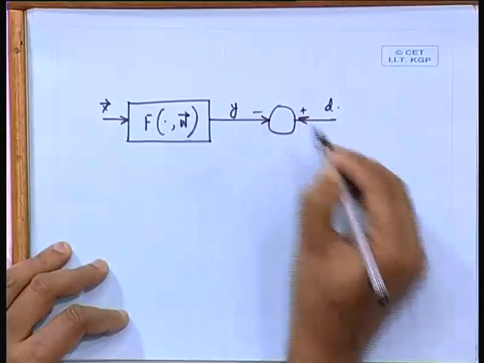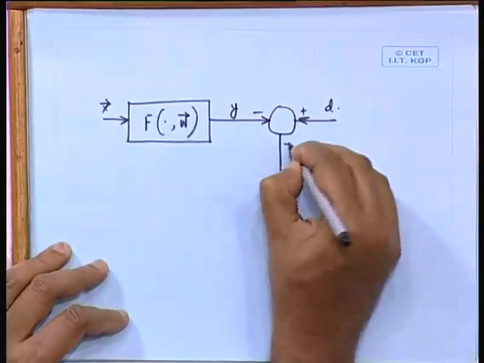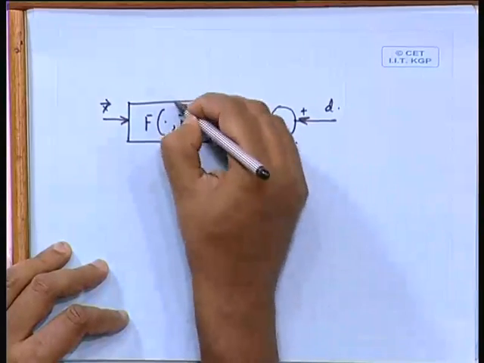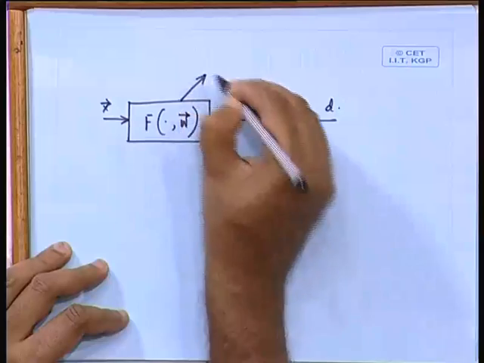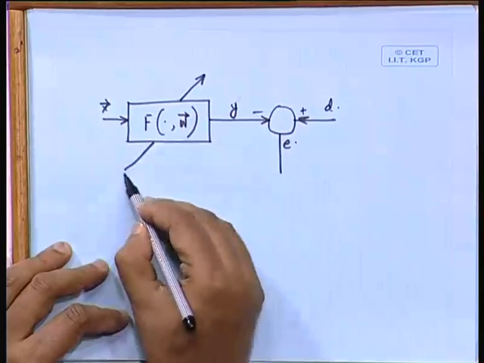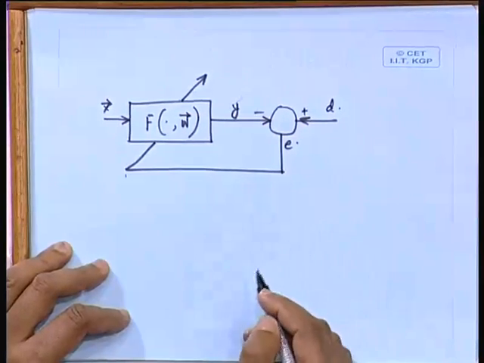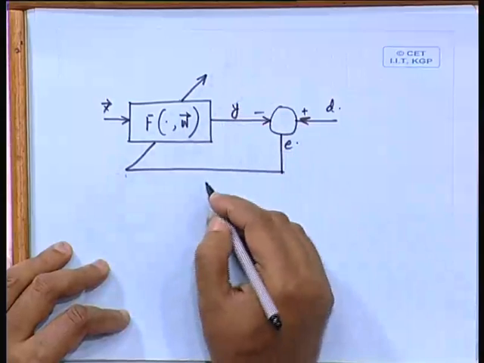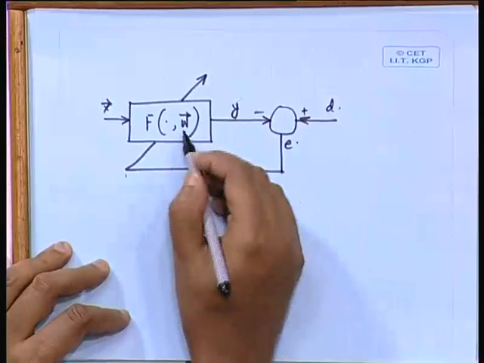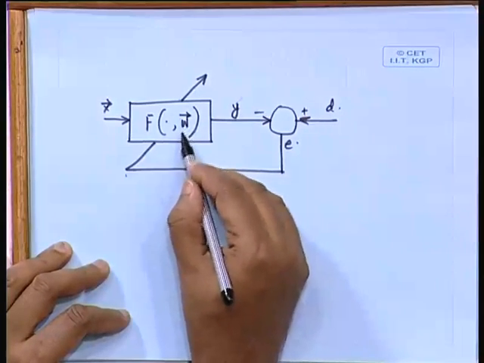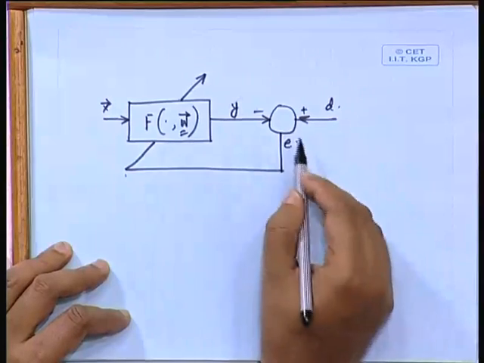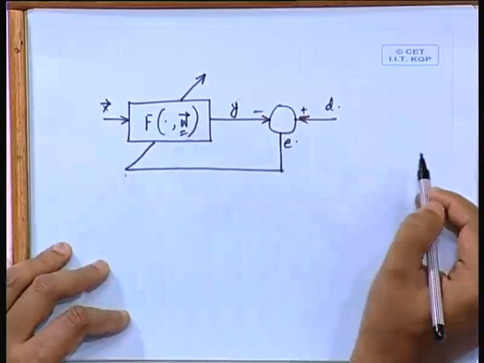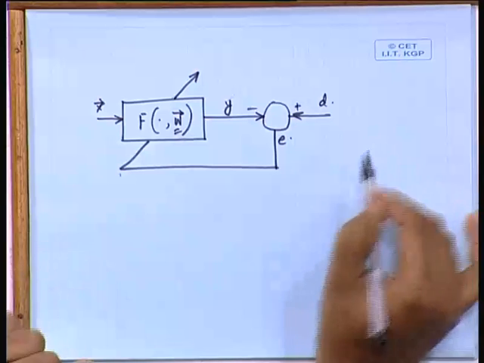Plus this, minus that, and this is the error. The way of showing this indicates that we adjust the weight vector w in accordance with this error e.